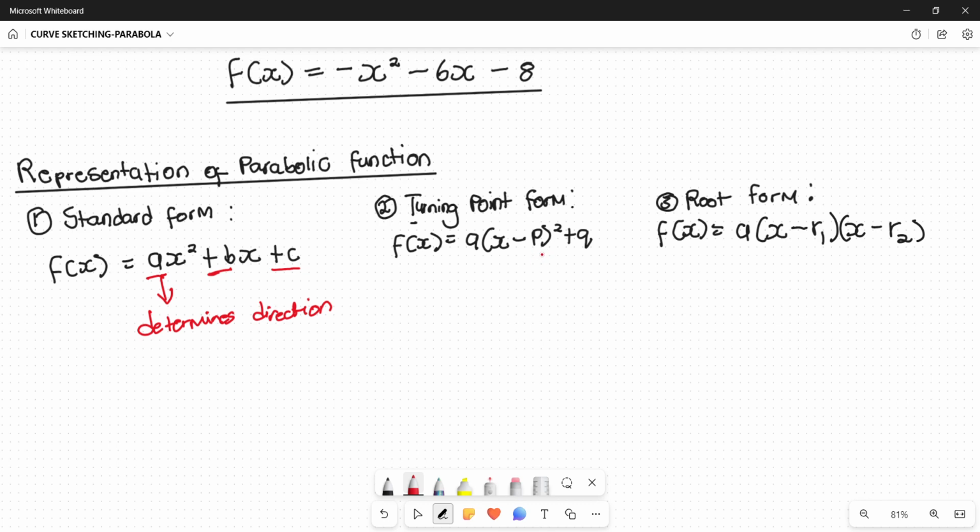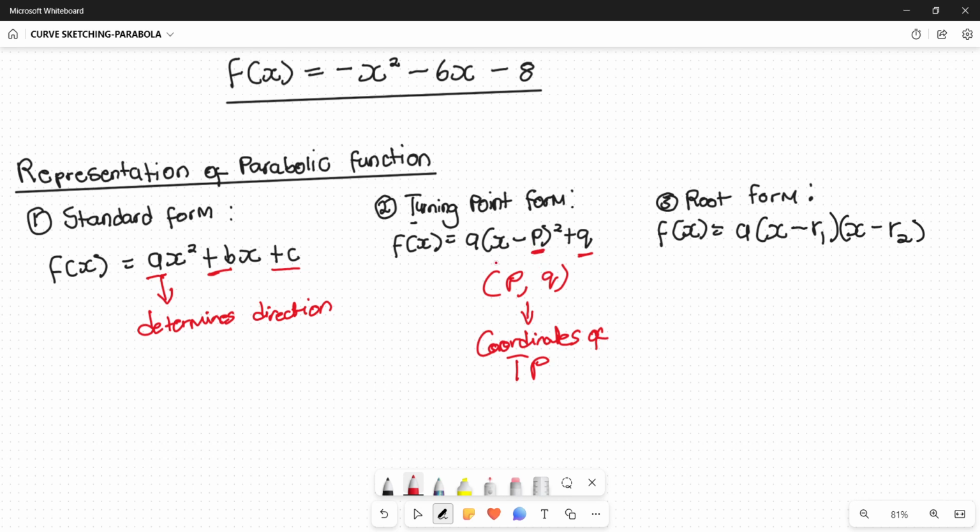What are those coordinates? The coordinates of the turning point are p and q.